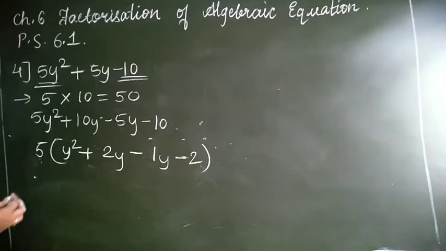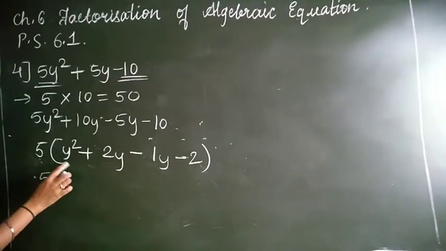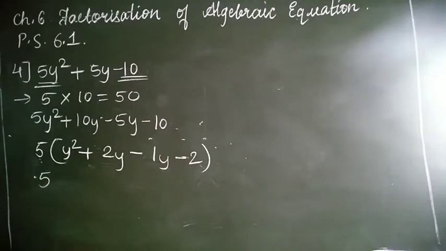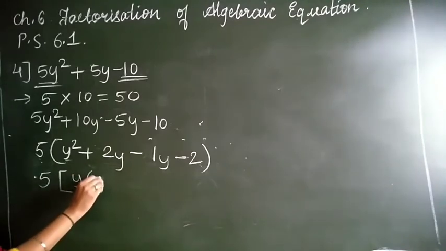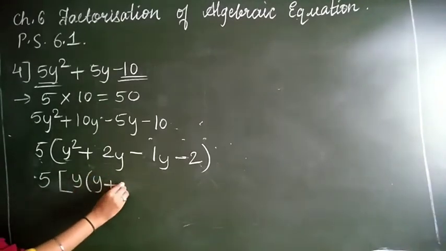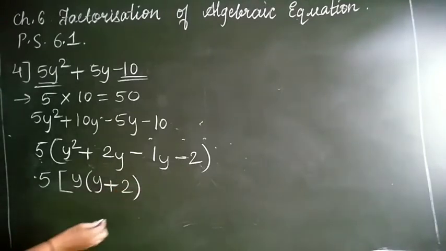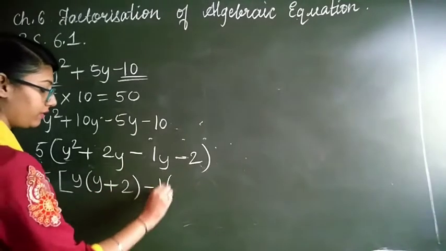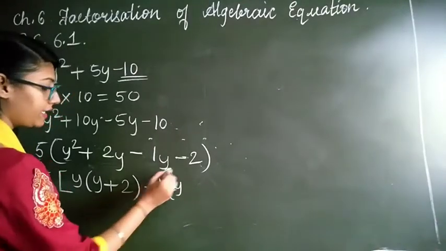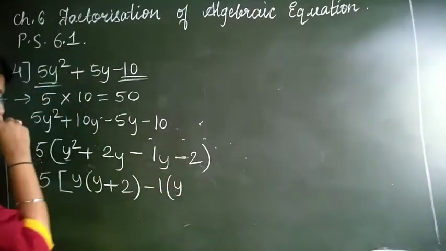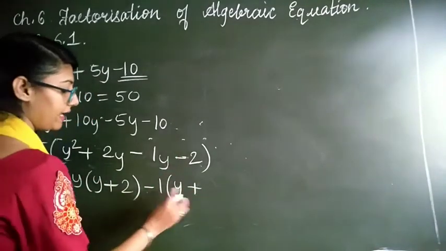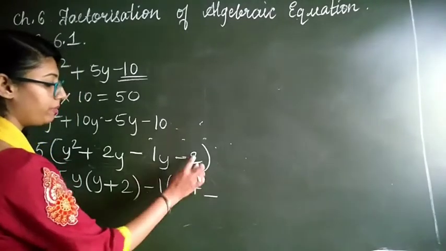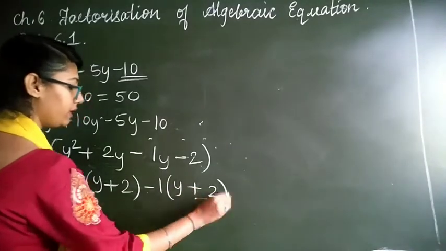So now we will find the common factor from here. What is common? Y square means y in bracket y plus 2, minus 1 and y, minus into plus will be minus, so plus, and 1 into 2 will be 2.